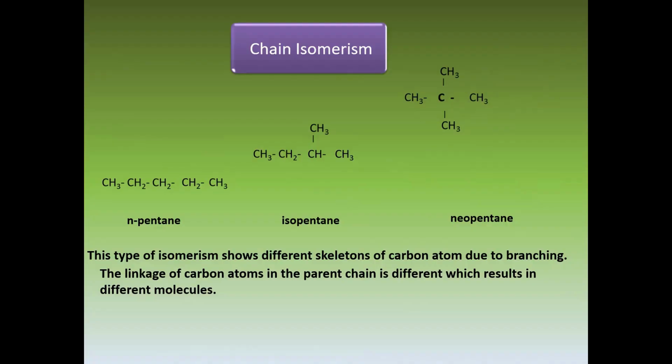This type of structural isomerism is called chain isomerism because the chain is different. One is straight, one is one-branched, and the last is a two-branched chain.